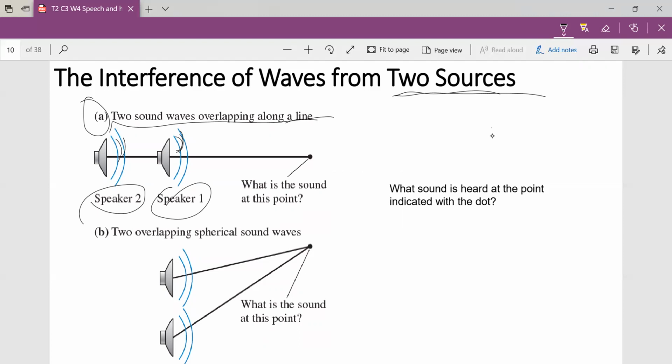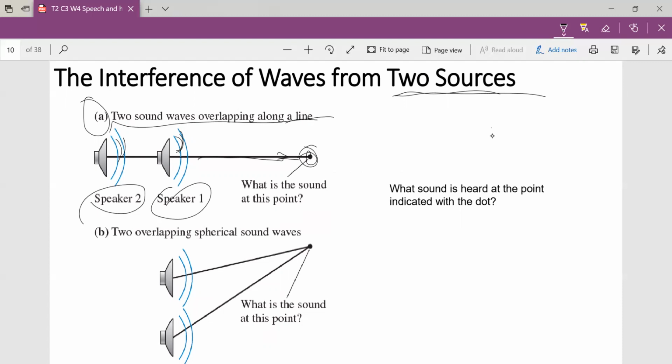They can superimpose, forming destructive or constructive superposition, which is interference. Superposition of waves is called interference. So if these two waves travel together and they superimpose, what is the sound you hear at this point? That's the question we want to address.